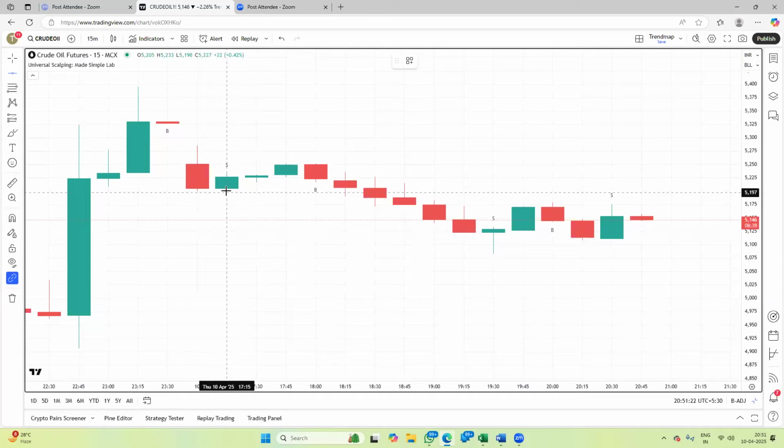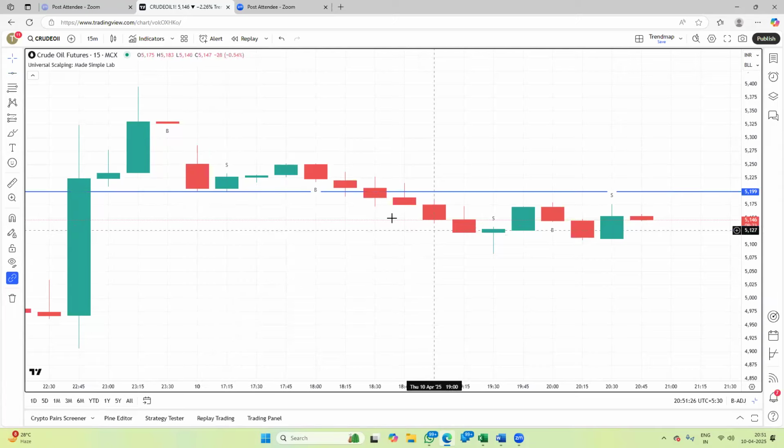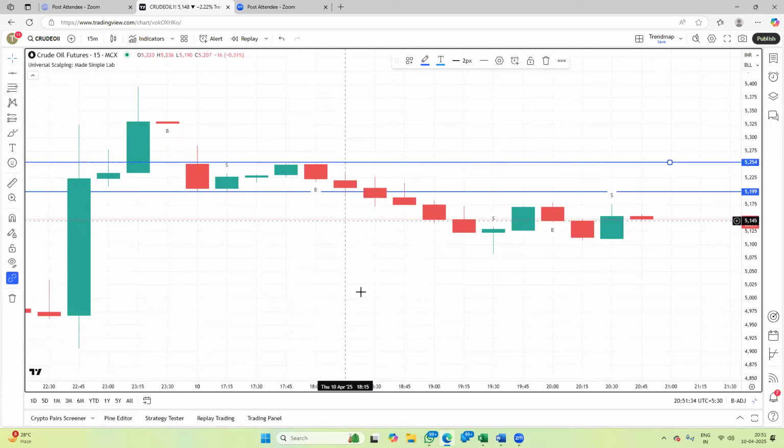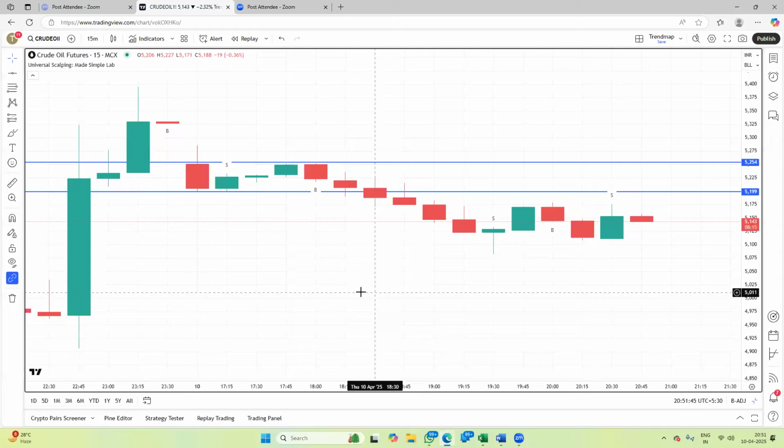For example, the sell order was placed here and a sell trade got executed here. Before that, you also placed a buy order here, because your sell trade was open and a new buy order appeared. So you place an order for this buy also.